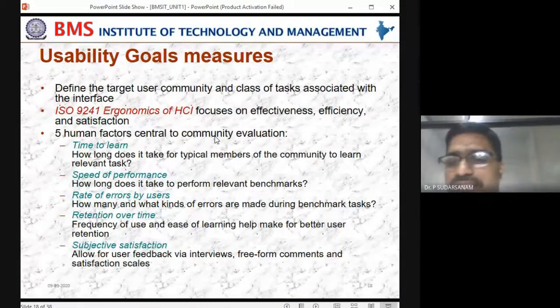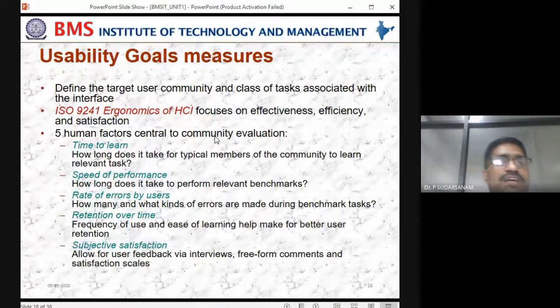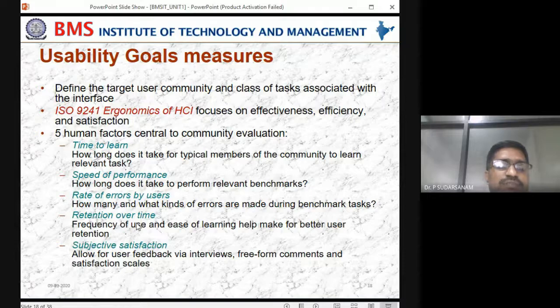Last class, we have seen usability goals measures. In these 5 points we have discussed: time to learn, speed of performance, rate of errors by the users, retention over time, and subjective satisfaction.